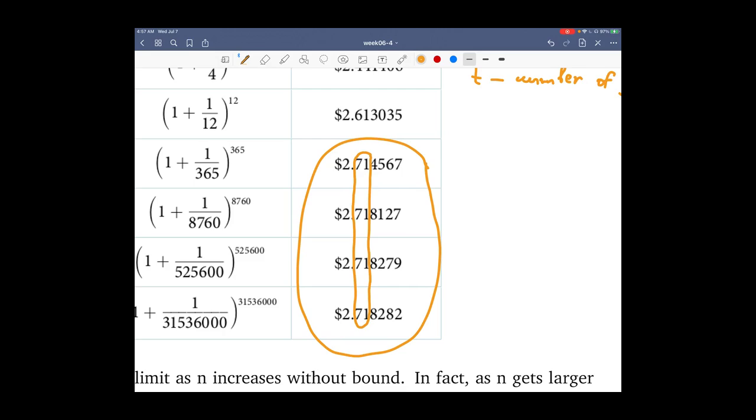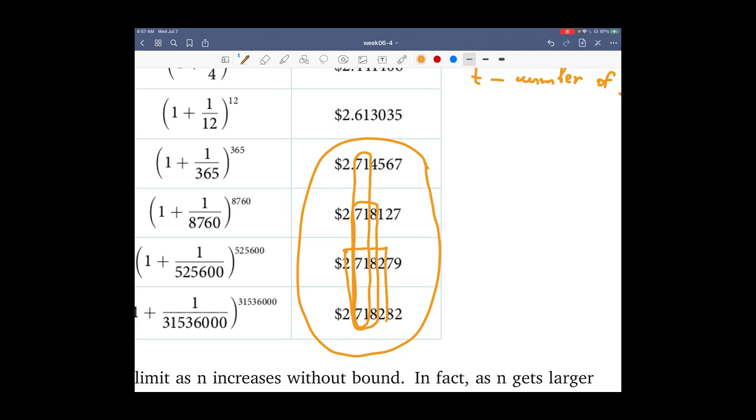In fact, in the last 3 rows, the 3 decimal digits after the decimal point stay the same, 718. In the last 2 rows, the first 4 decimal digits after the decimal point don't change, 7182.